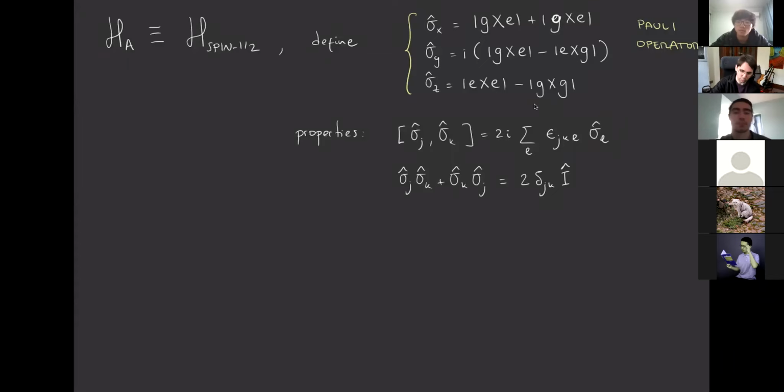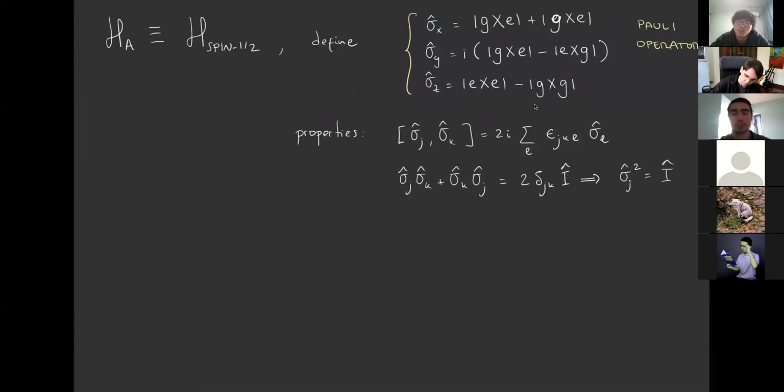Again, do not confuse this i and this I in here with anything related to nuclear spins, please. Nuclear spins are in the past. We are not going to use them anymore. Okay, so this is just the complex unit and this is the identity operator in the space of dimension 2. This automatically means, by the way, that it's also very easy to check from the expression that the square of any Pauli operator is just the identity.